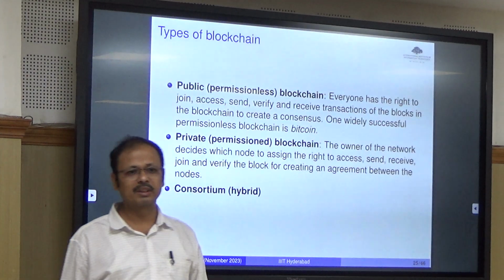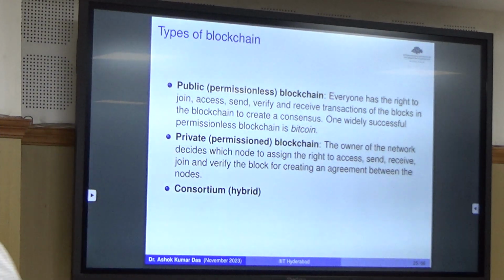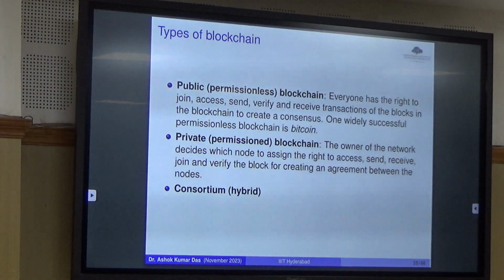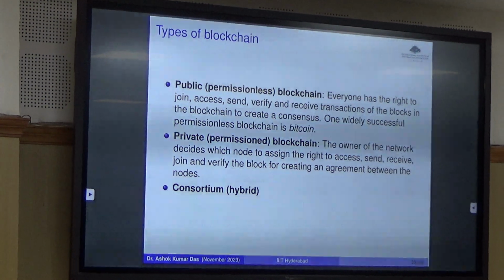And there are certain applications where we require something known as a consortium or hybrid blockchain. One good example is intelligent transportation systems. In intelligent transportation systems, most of the information is traffic related and public, and can be put in the blockchain, but there will be certain information which is very confidential.